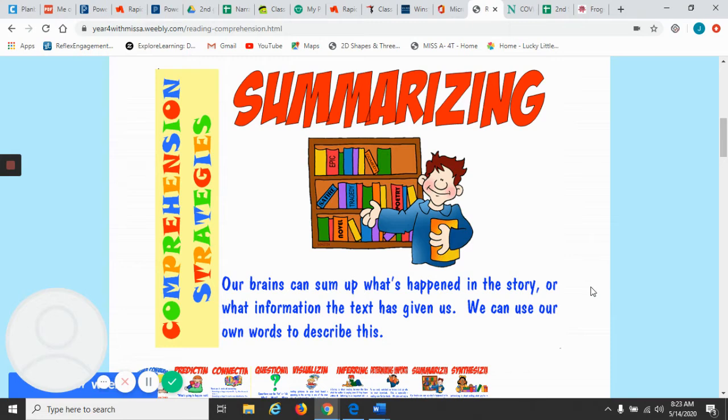In other words, what it means to summarize means our brains can sum up what's happened in the story or what information the text has given us, and we use our own words to describe this. Okay, so if you need to pause this video right here, go ahead and do so before you get into telling about the story. I'm going to switch screens.